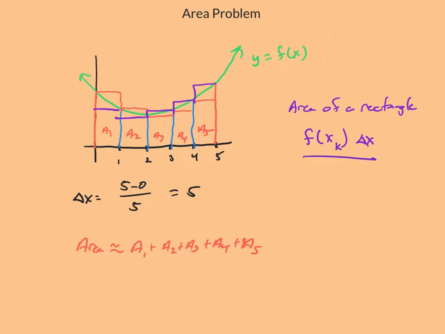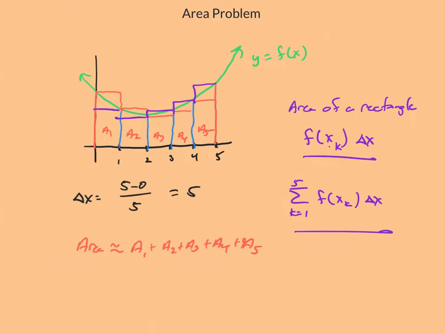So for every rectangle, I plug some x value, either the left-hand or right-hand endpoint of the subinterval, into the function. I'll evaluate the function at that x value. That value will be the height of the rectangle multiplied by delta x. So in this case, I have 5 rectangles, and I'd be taking the sum as k equals 1 to 5 of f of x sub k times delta x. And that area would be approximately equal to that sum.